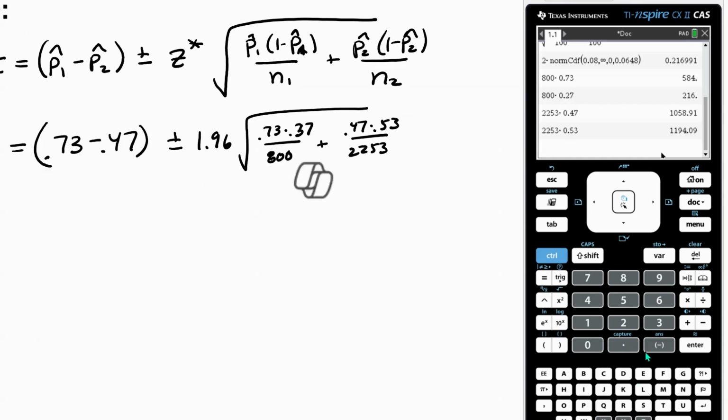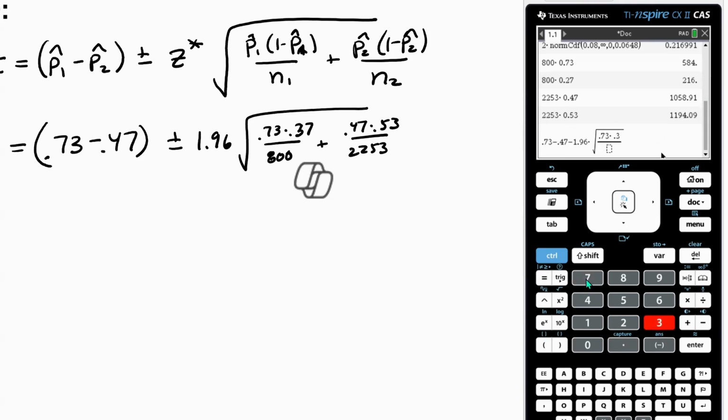Let's put that in our calculator. 0.73 minus 0.47 minus 1.96 times square root of the fraction 0.73 times 0.3. Oh, misspoke. That's not 37. That's 27. Over 800.